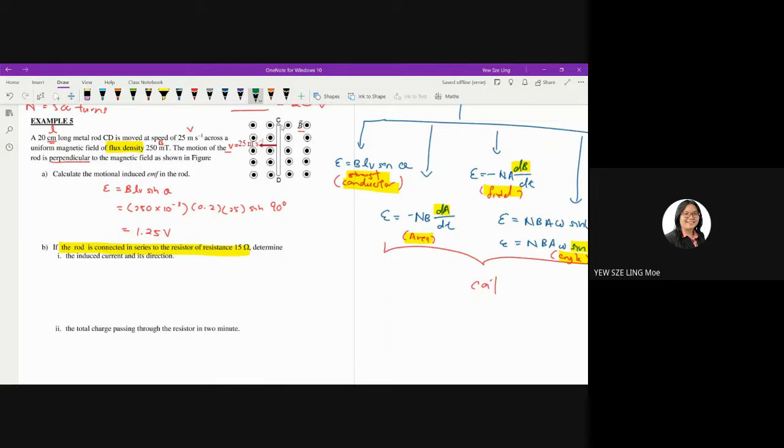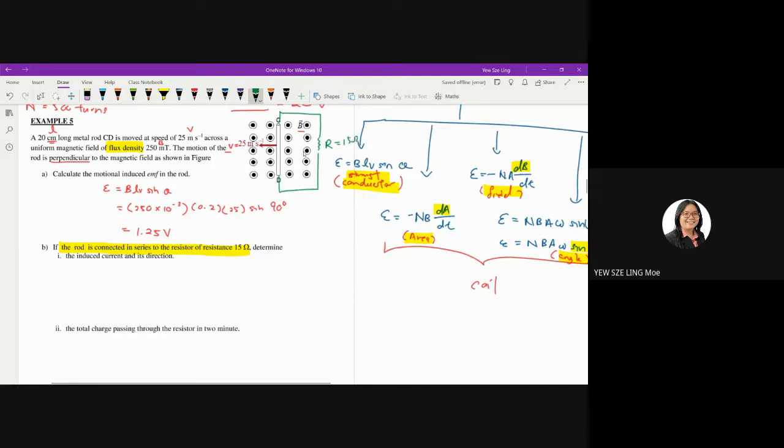Now let's say I'm going to assume my loop is on the right-hand side. So it's being connected in series to a resistor. I'm going to draw it like this. So this is my resistor, which is equal to 15 ohm.